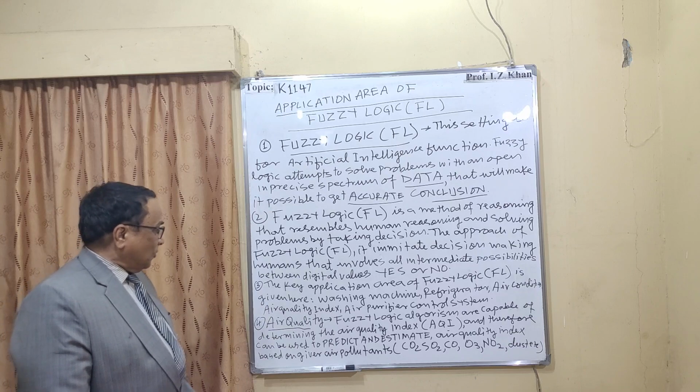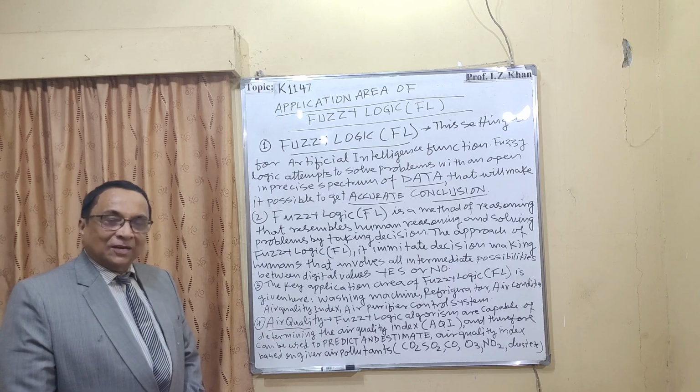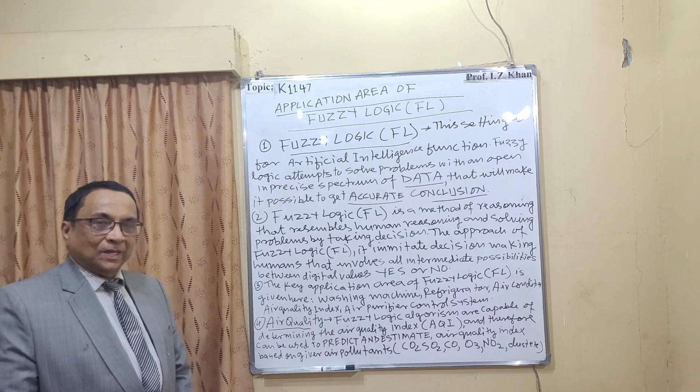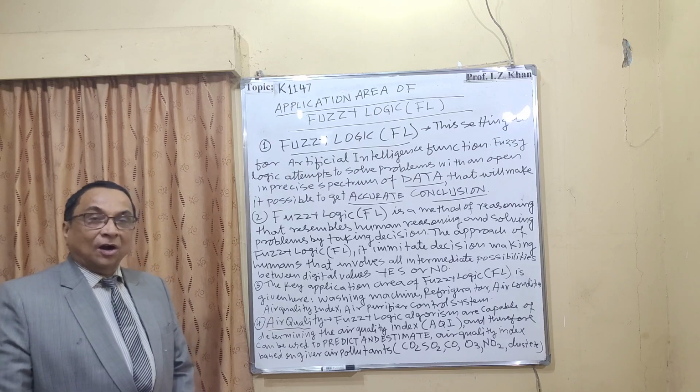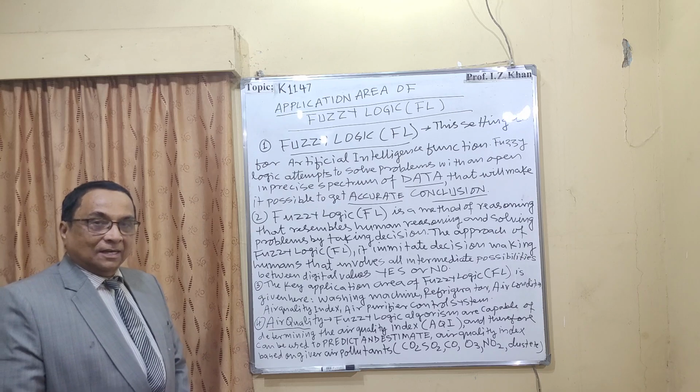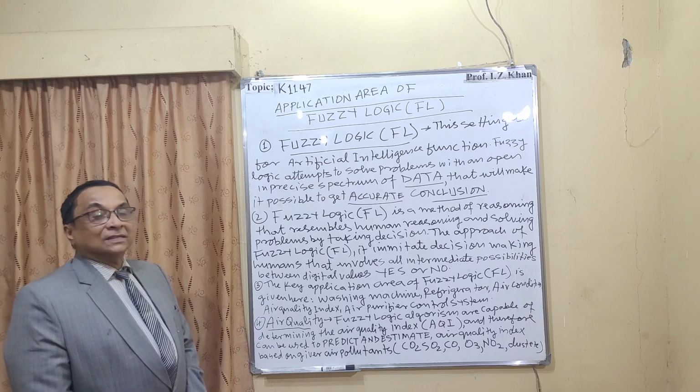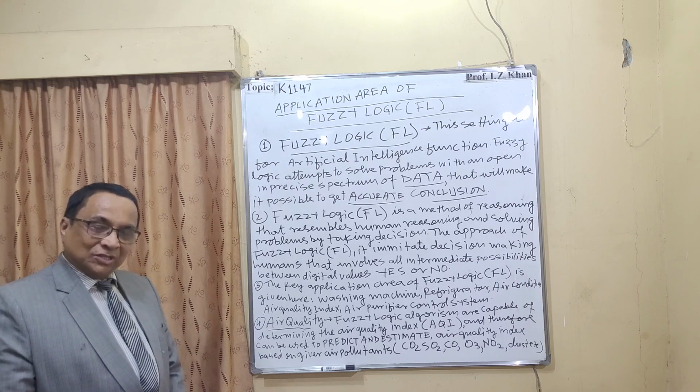Number four, air quality. Here fuzzy logic plays a very important role to understand the air quality in your room, inside your house, or even in the city, by knowing all the data which is already with fuzzy logic.